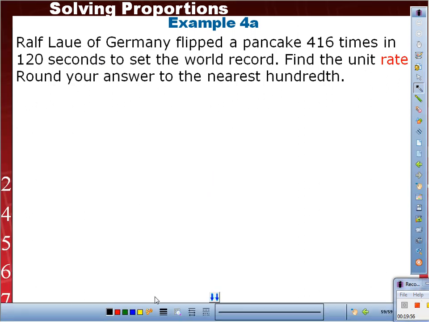Can I make a ratio out of that? Yes, 416 over 120. But they want us to find the unit rate. That means I need to make a proportion. What does that mean? That 416 flips in 120 seconds. So what do I need to make a 1?